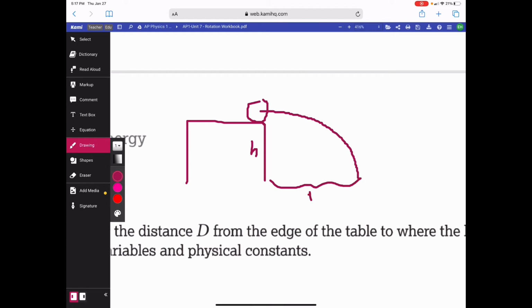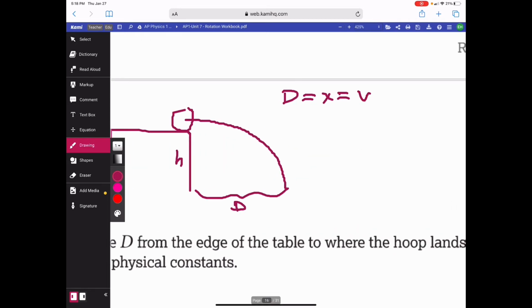This is the distance. And distance is equal to x, which is equal to v naught x times t. Now, v naught x is going to be the v we just found. It's the square root of gL times sine of theta. But we have to find also the time that it takes to fall.